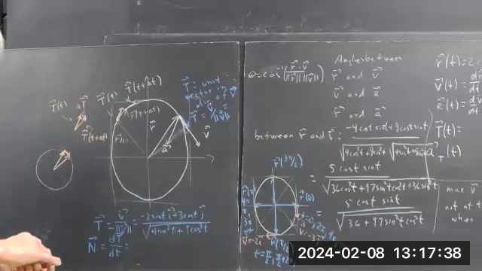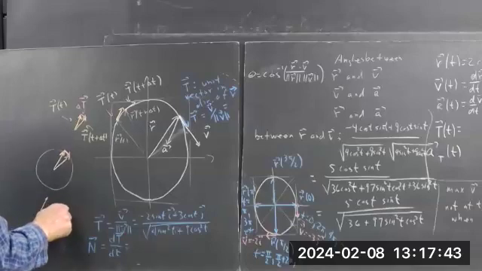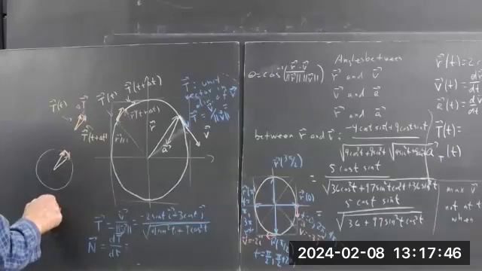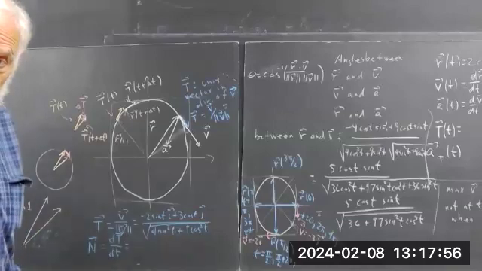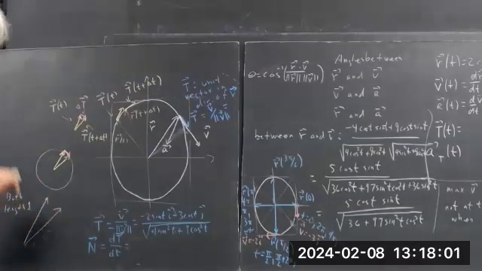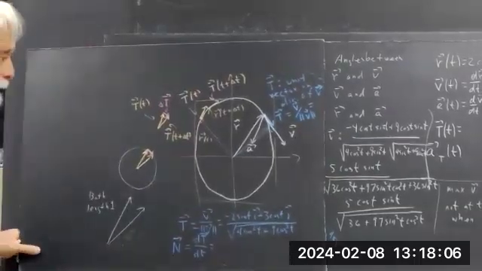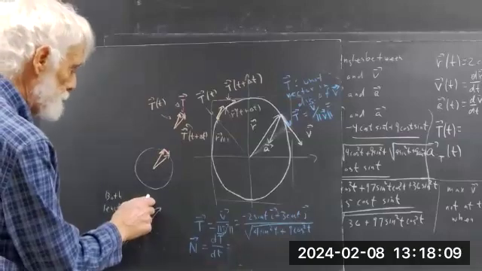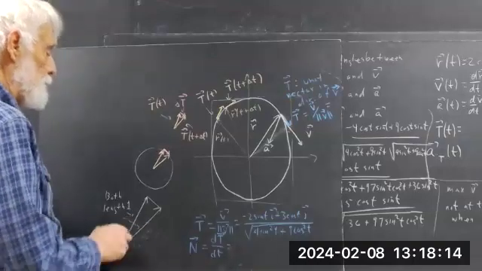Now, one elegant way of doing that is to say, okay, here we've got the two vectors, both of length one. What kind of triangle is this?